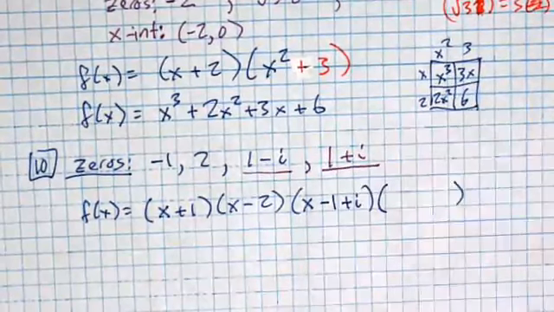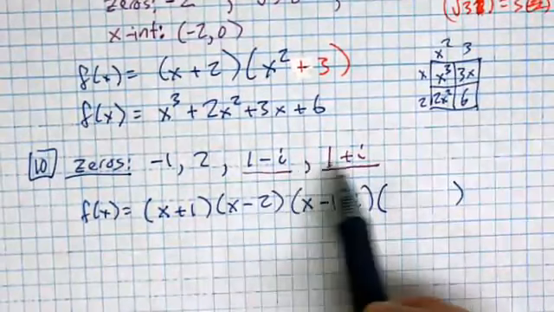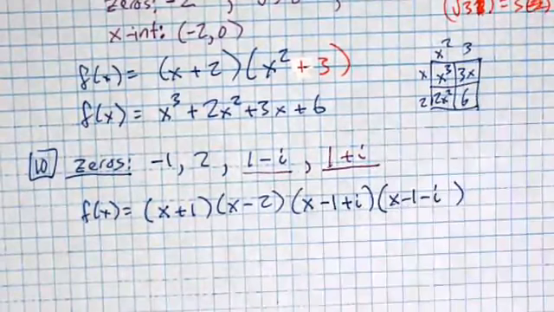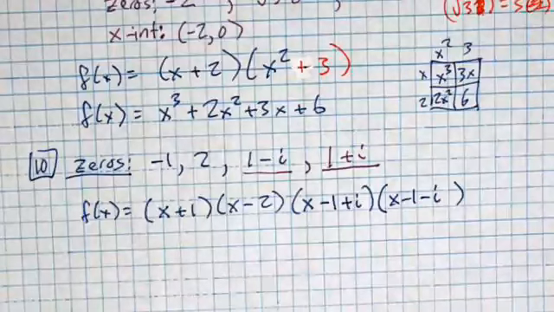And here, x minus 1 minus i. All right, and then the joy of this problem is that now we get to multiply all that stuff. Yeah, it's gonna be awesome.